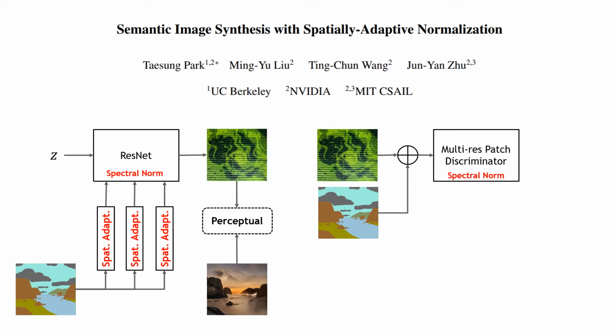We'll explain what spectral norm is in a later slide. So okay, there are many different ways to implement the spatially adaptive concept, and the particular implementation in the paper is called SPADE. And later we'll see papers using different implementations.